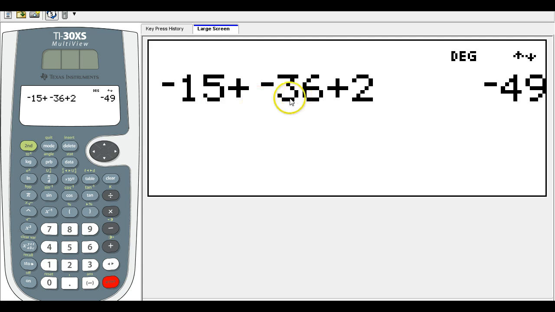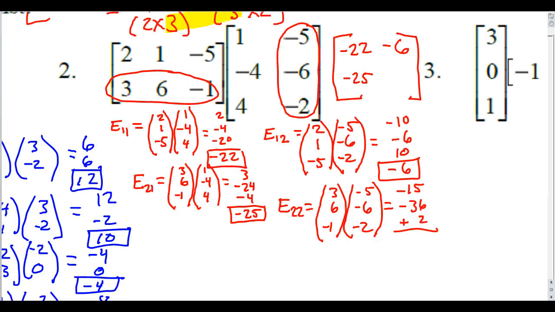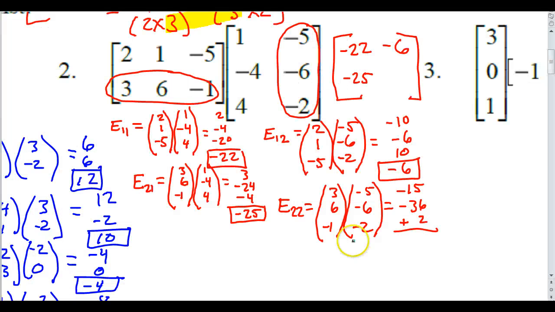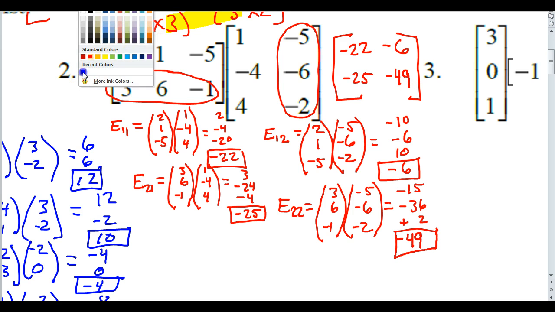Just double checking, I'm getting negative 49 out of this. And that is the final element. So that should be the answer for problem number 2.